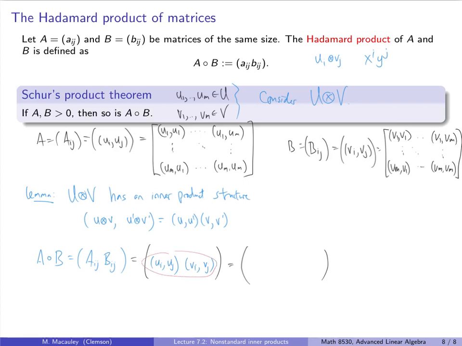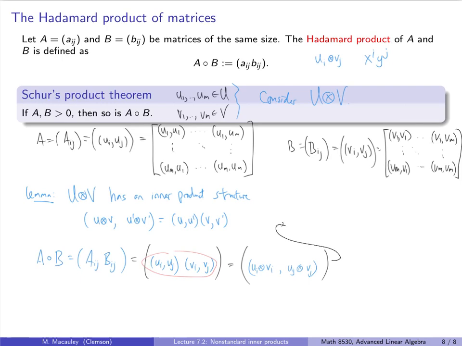So this thing right here, I'm going to write as ui tensor vi dot uj tensor vj. And now we see right away that this is a Gram matrix, so it is positive definite.